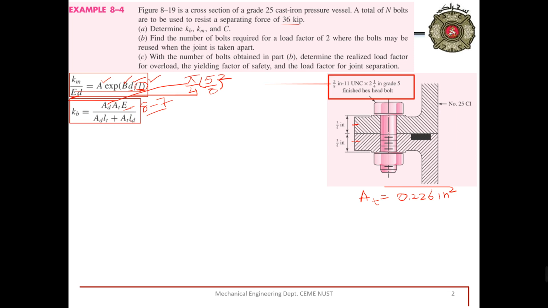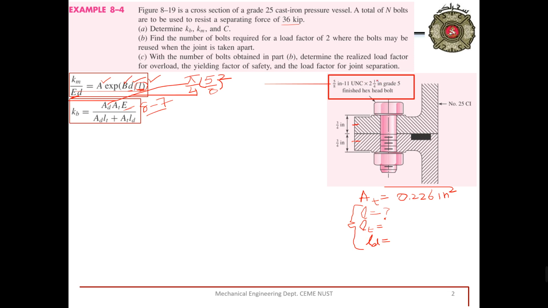The values of LT and LD are required, and also the value of L. We want to calculate the value of L, which is the grip. LT is the threaded portion in the grip, and LD is the unthreaded portion in the grip. So first of all, we need to check the total length of the bolt.